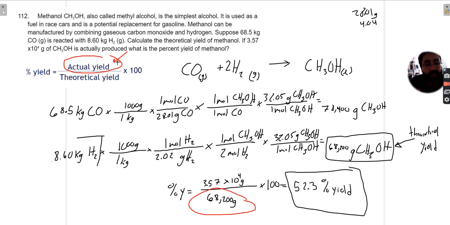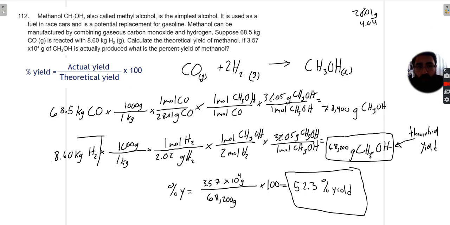In every lab where you make something, you're going to have to calculate this, so do not forget that, because that's where a lot of the points are going to come from. You get your limiting reactant, whichever one's the lowest value is how much you should make. That goes at the bottom. What you actually made through an experiment goes at the top.